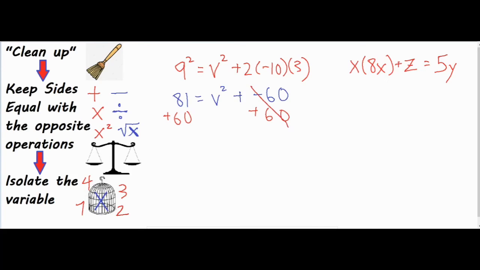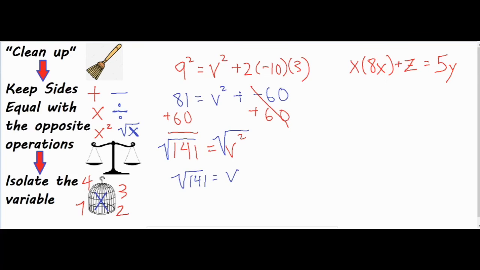That will cancel out my negative 60, and that will leave me with 141 equals v squared. Okay, and as I mentioned before, the opposite of squaring something is the square root. So your final step would just be to square root both sides. And then you can say the square root of 141 equals v. So that would be your exact answer.